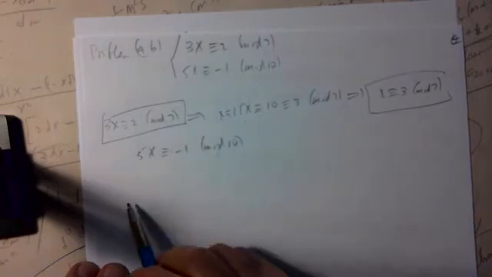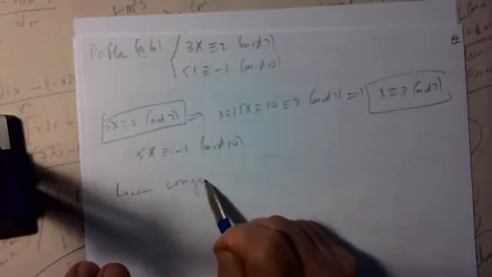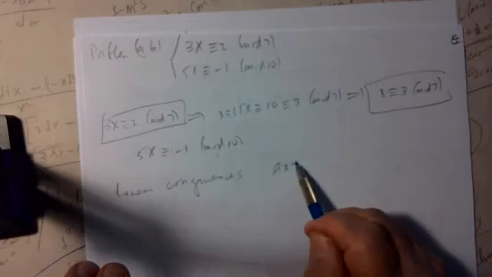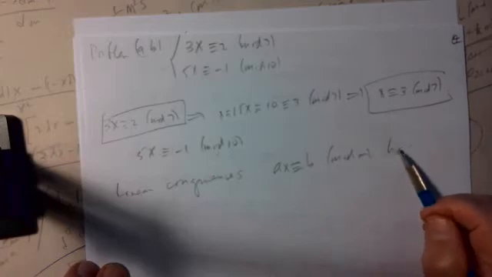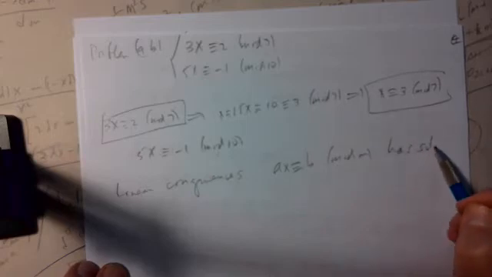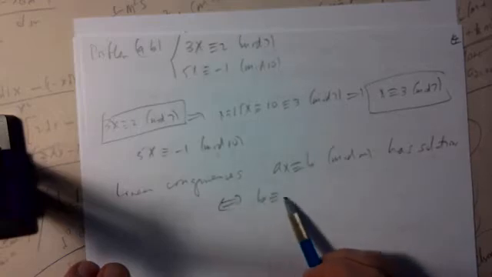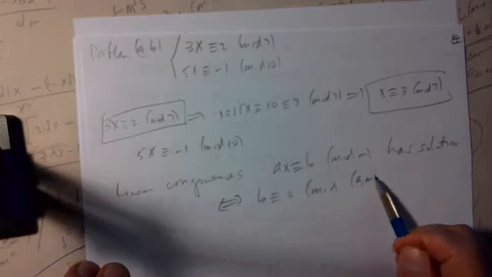What do we know about linear congruences? So the fundamental theorem about linear congruences says that ax congruent to b mod m has solutions if and only if b is congruent to 0 modulo the greatest common divisor of a and m.